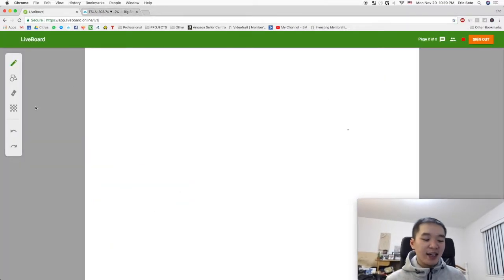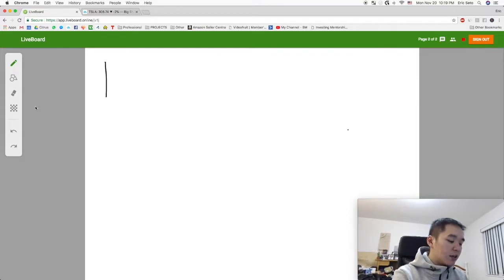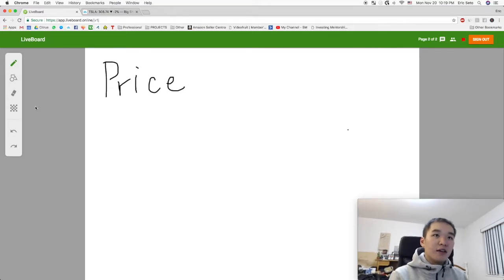So the question today is, why do you only have 2 indicators? And that's because when you look at price, there's only 2 parts. So here I am at my whiteboard, and there's only 2 components. The first component is that price behaves like waves.